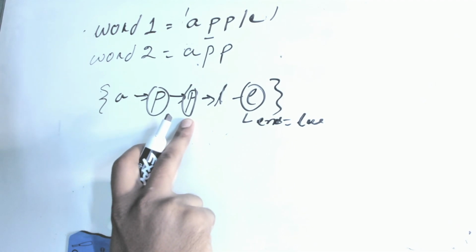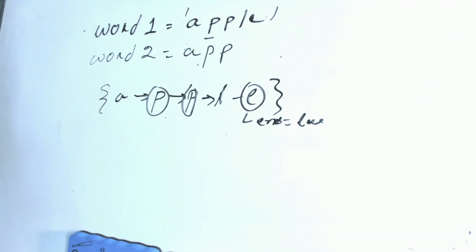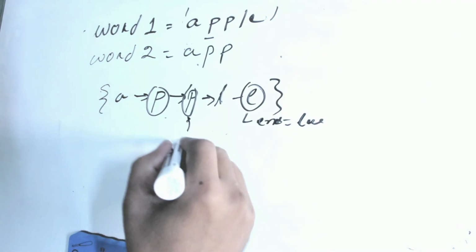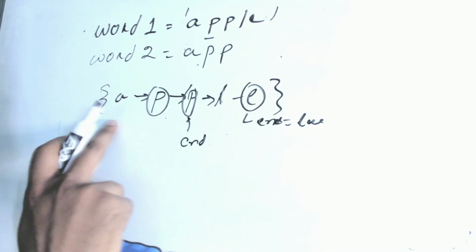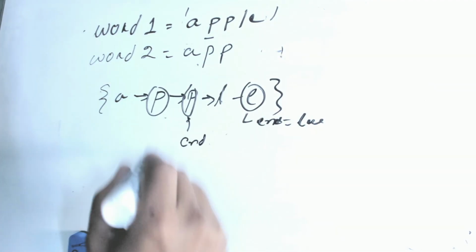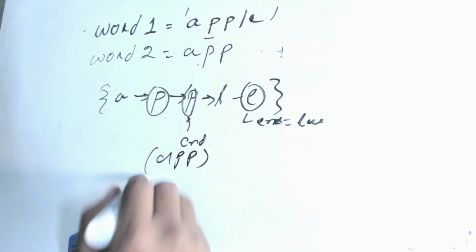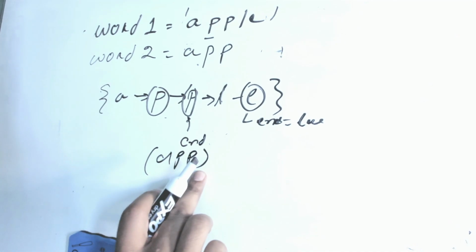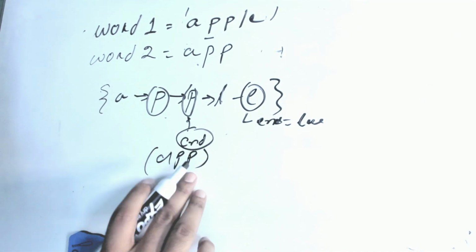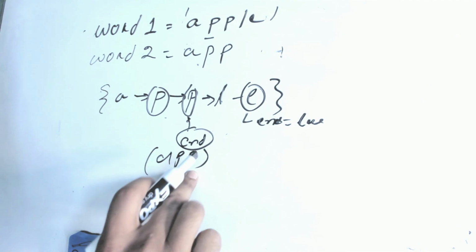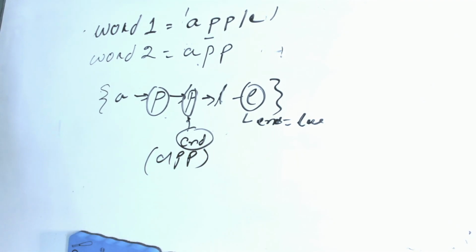Again, a P exists, so we don't have to create one, and we can just mark it as end here, so that when we check if APP is present, we find the end of that word and we can return yes, APP is present in our word collection, or we can call it a dictionary.